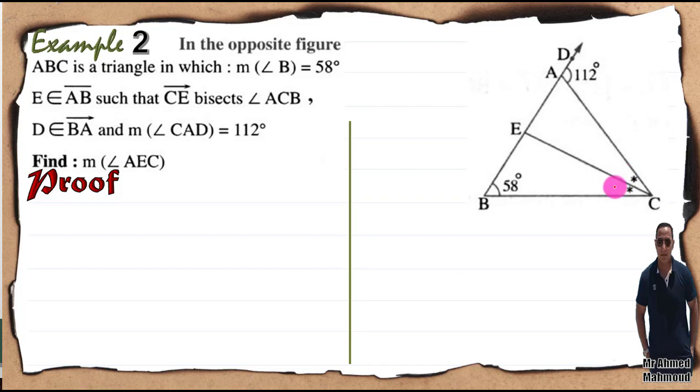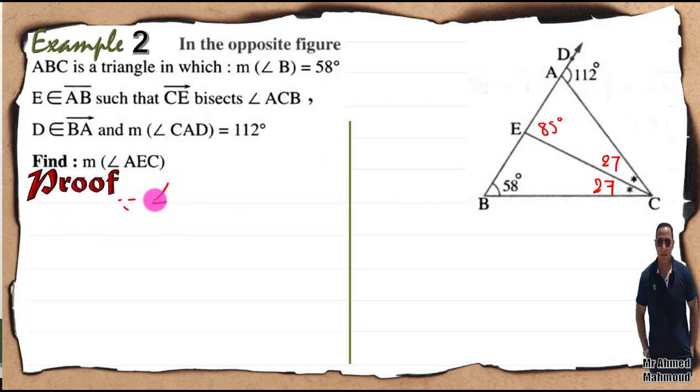But here 54 divided by 2, so this angle equals 27 and this angle equals 27. Okay, now it's very easy to find the angle E. Angle AEC is exterior for triangle EBC. So angle AEC equals 27 plus 58 equals 85 degrees.